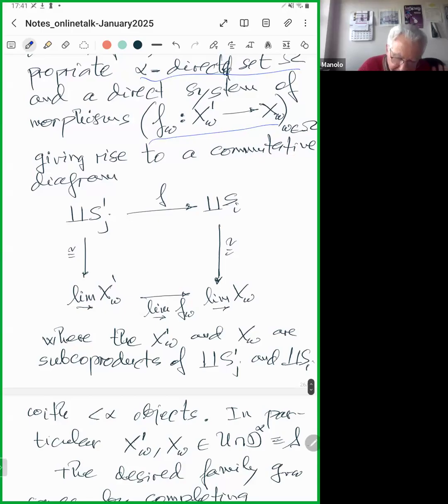So in the triangulated category, this coproduct is the direct limit of these, which are subcoproducts of less than alpha objects. The same on this part, you have that triangle.